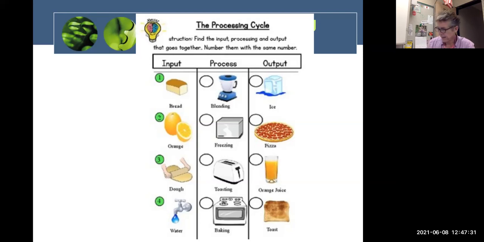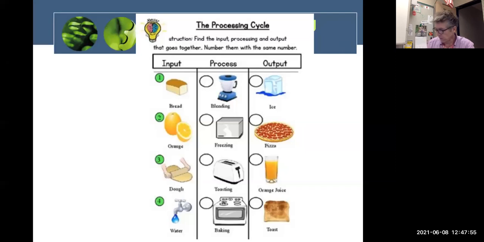Perla, anybody want to jump in on this one? Perla says baking, and then what's our final product? What's our output? We have dough, we bake it, and we get pizza. Yes, my kids are very happy about that process.